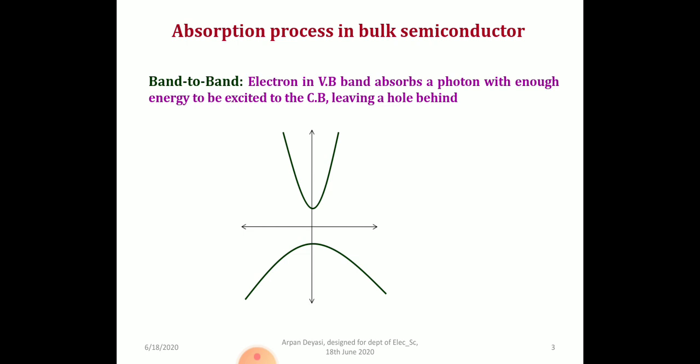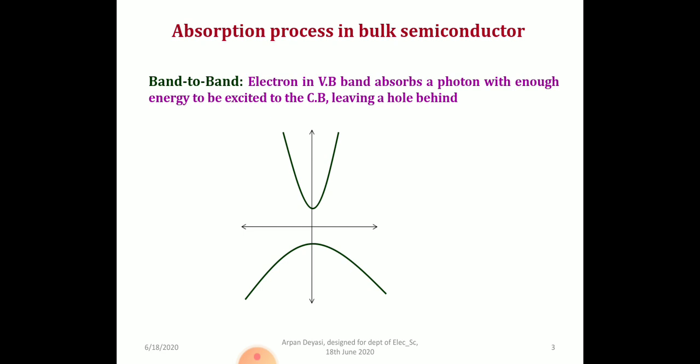Obviously, I will go for calculation, but first the physics of the different processes and how the carriers move from one band to another band or one energy level to another energy level. We will try to illustrate each specific case and show that these are the optical absorption processes in different types of structures.